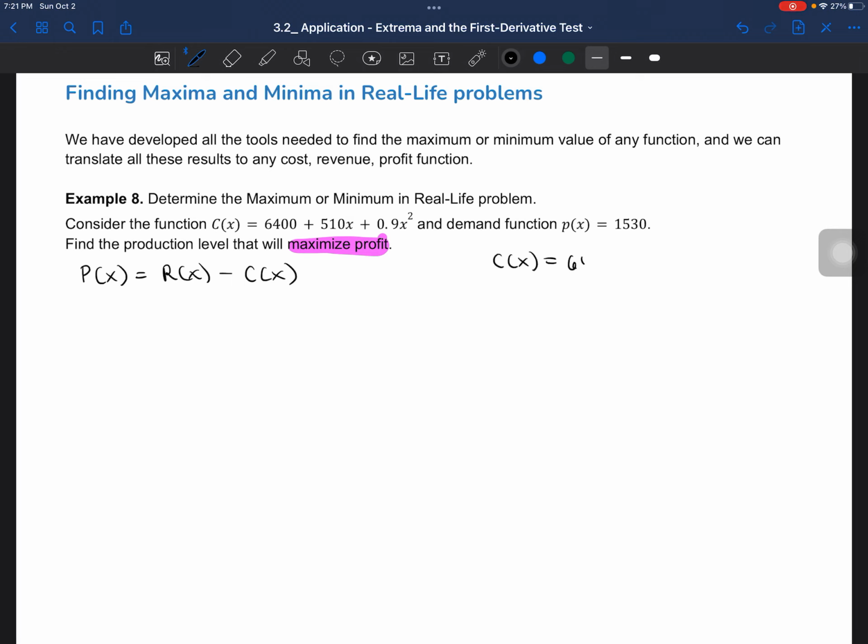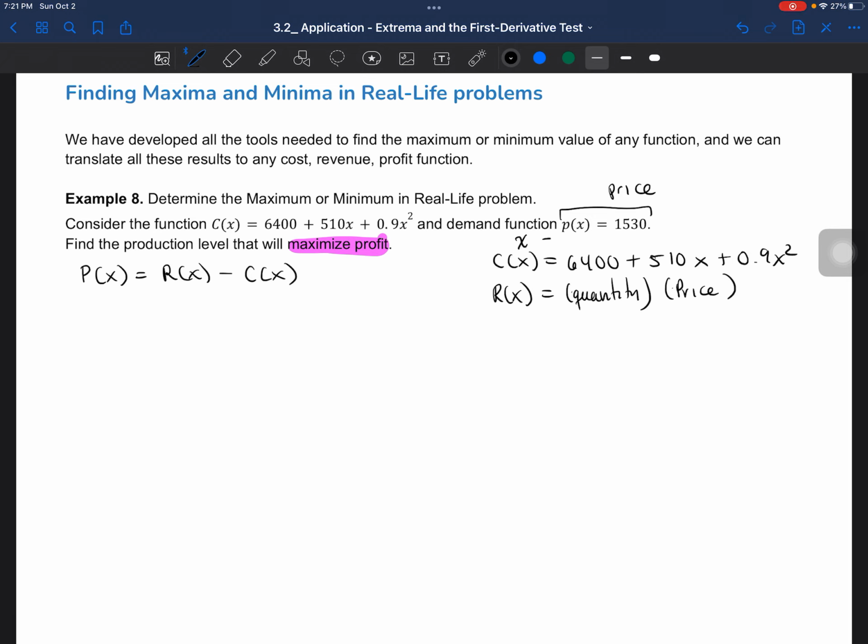Now we are given the cost function to be 6400 plus 510x plus 0.9 x squared. But we're not given the revenue. But we do know how to find the revenue. We know the revenue is quantity times the price of selling your item. The demand function is in fact the price of selling those units, so this is the price.